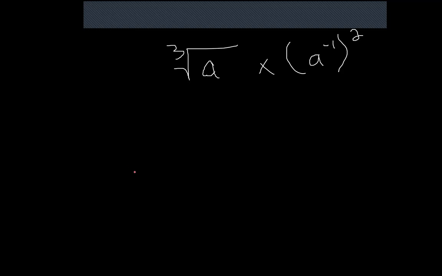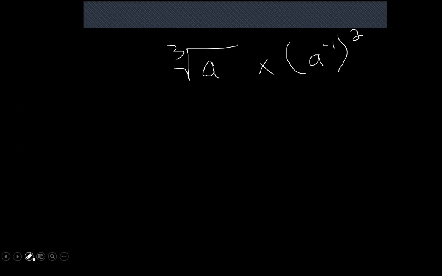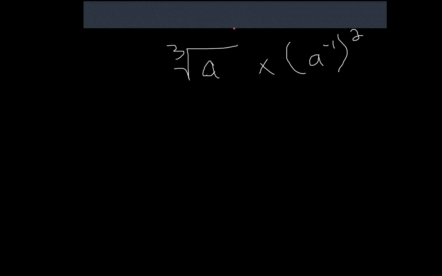For the first rule I would apply here, I see a cube root, and I know the rule. Like I said, to solve all of these questions, all you need to do is know the rules, right?